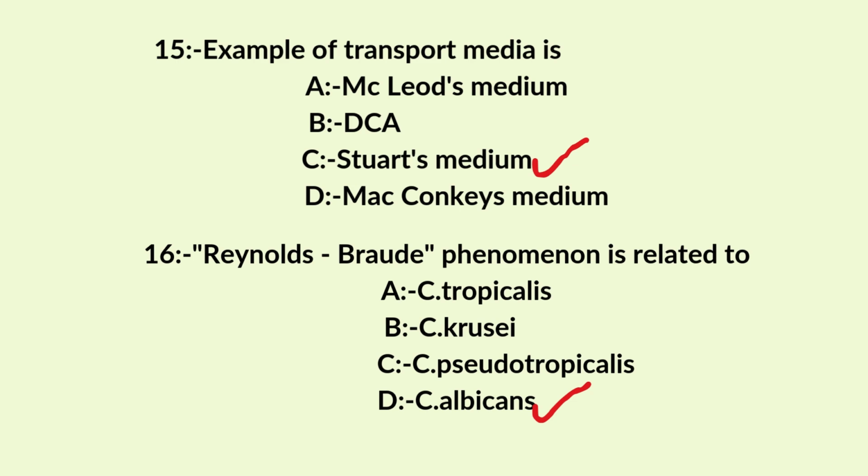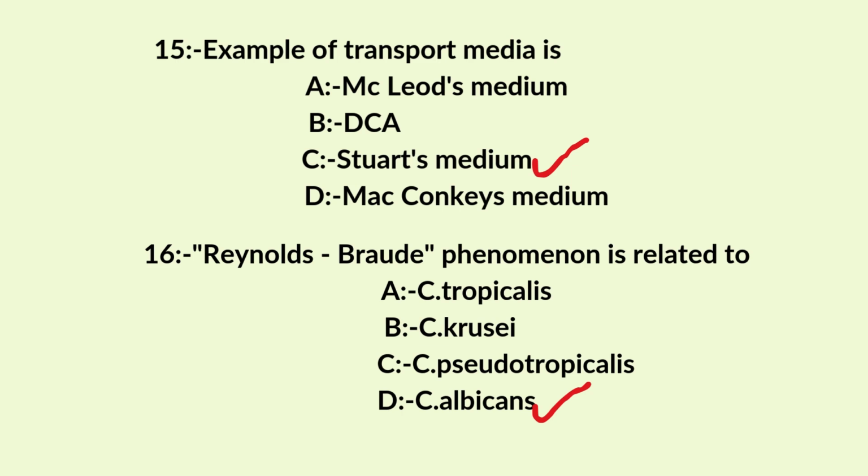Next question, Reynolds-Braude phenomenon is related to, options: Candida tropicalis, Candida krusei, Candida pseudotropicalis, Candida albicans. This Reynolds-Braude phenomenon is also known as germ tube test, and the answer is option D, Candida albicans.